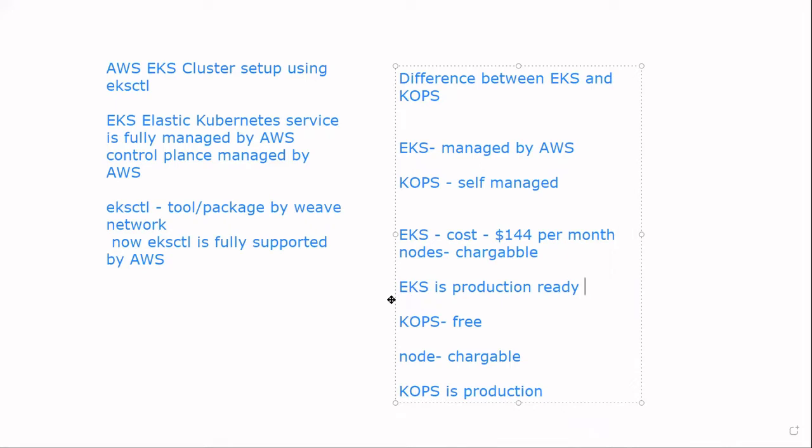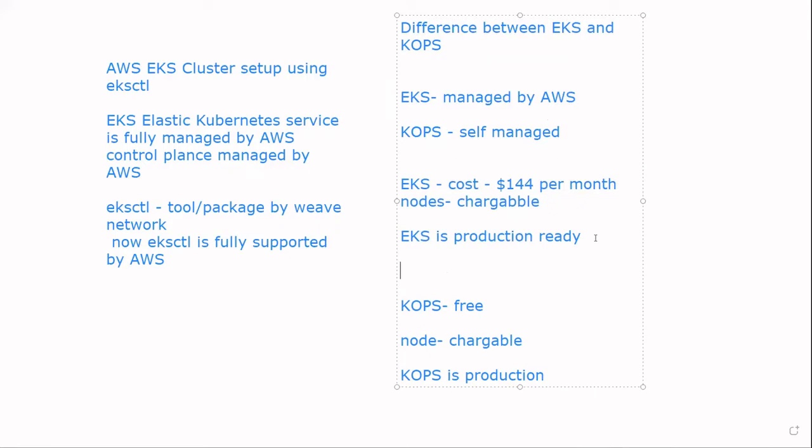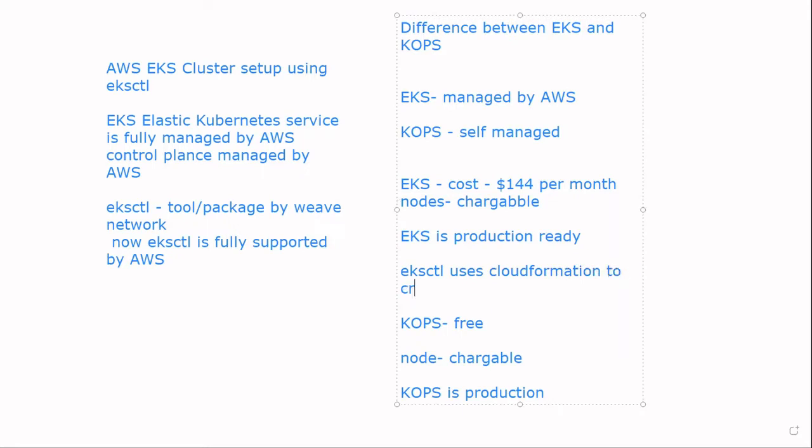Then another difference is that eksctl uses CloudFormation to create all the resources, like the VPC and all these things.